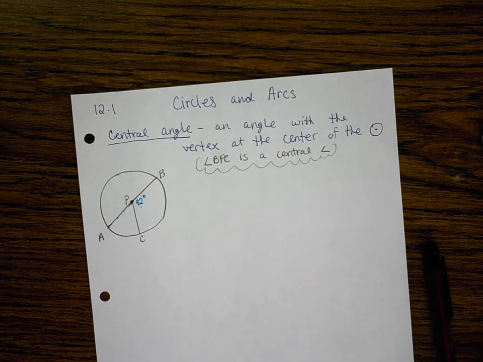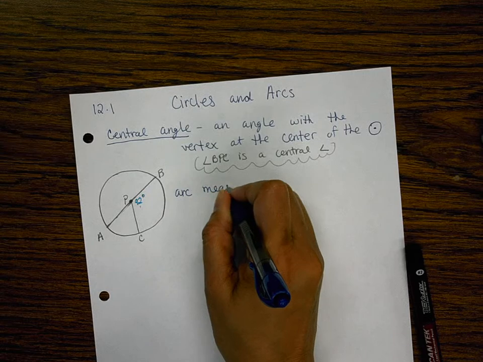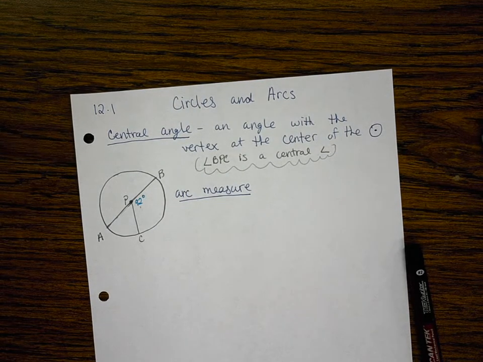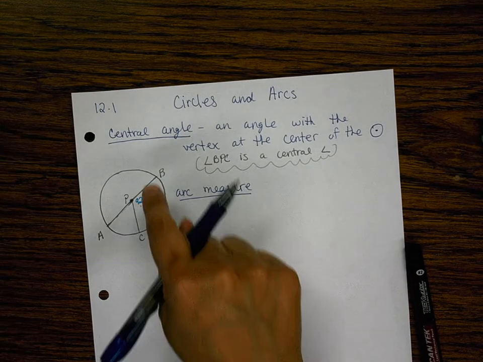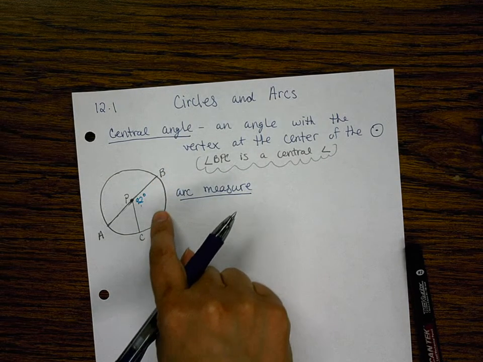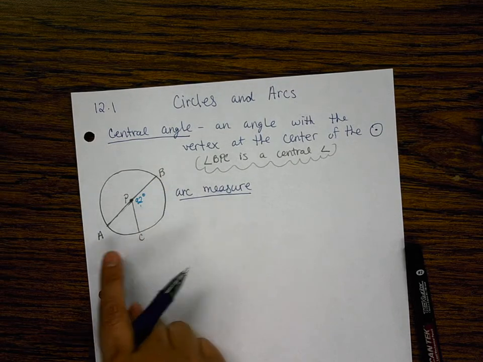Okay, what is arc measure? Arc measure is, I'm going to say it, then we're going to actually write down what it is. It's the measure of this line or this segment out here. So BC is an arc measure.